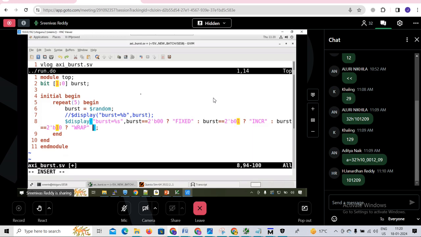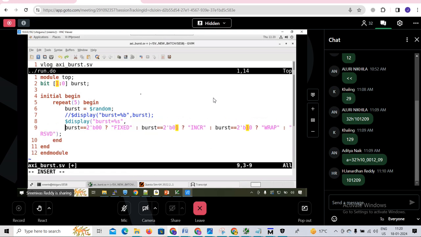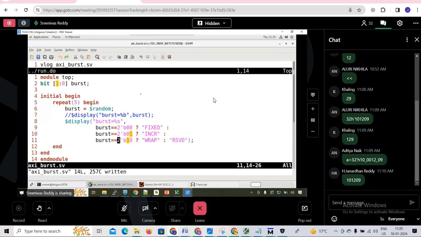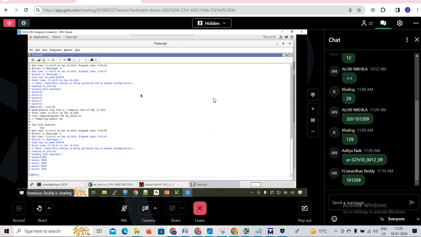In the other case, it will always be reserved. Last time I said that you can do it in a better manner where you print like this. Looks better. Now, if I run it, fixed burst, incrementing burst, reserved burst, incrementing burst, like that.